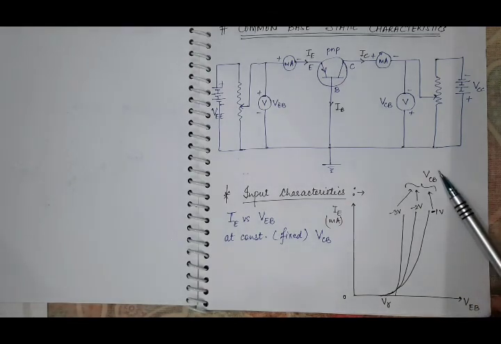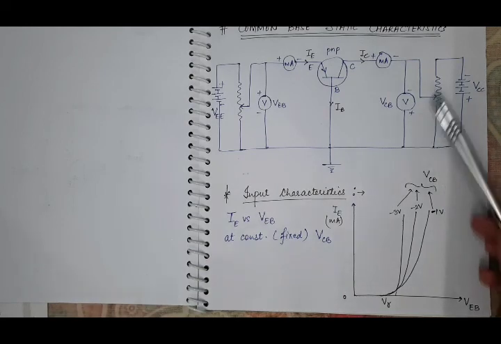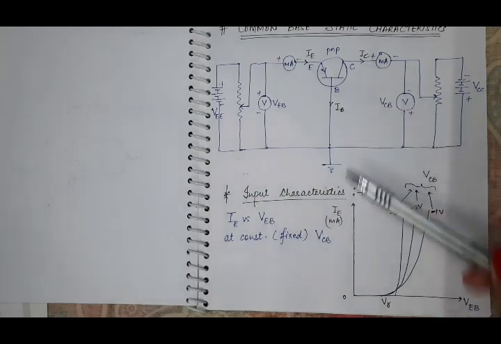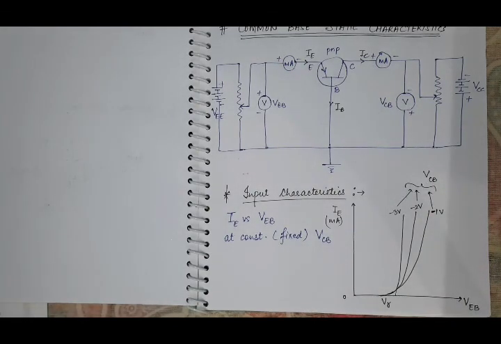Then initially this VCB is very small, means the reverse bias voltage across this collector base junction is small, that is -1 volt. Then change the values of the emitter base voltage.